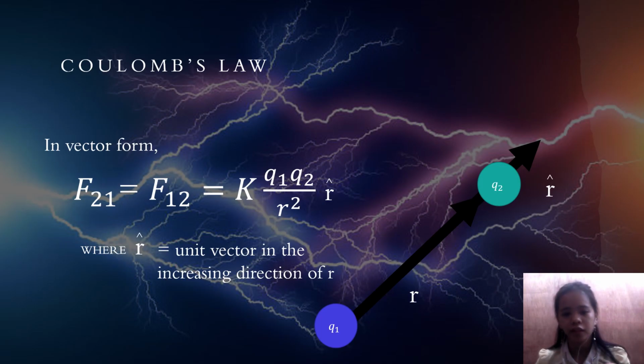So next we use the vector form: F21 is equal to k Q1 Q2 over r squared times r hat, where r hat is the unit vector in the increasing direction of r.